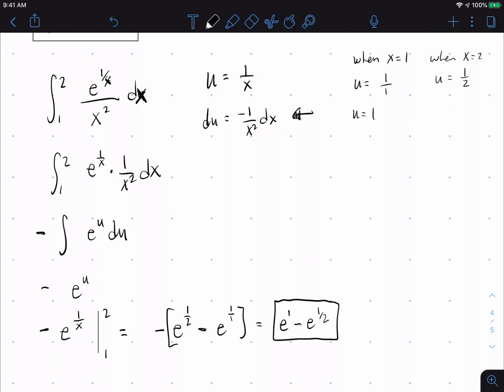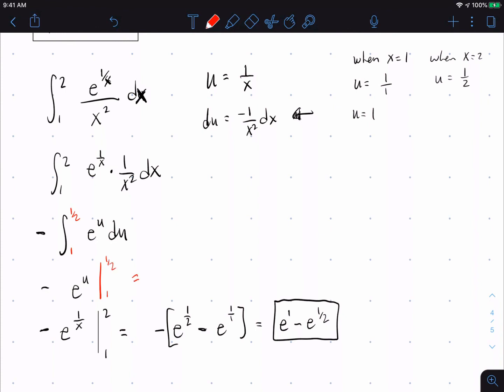Now, those bounds, and I'll write them in red so you can see that I'm doing it. The lower bound would have been 1. The upper bound would have been 1/2, right? And I'm not going to flip it. I'm just going to leave it that way so you can see it. I'd get 1 and 1/2.